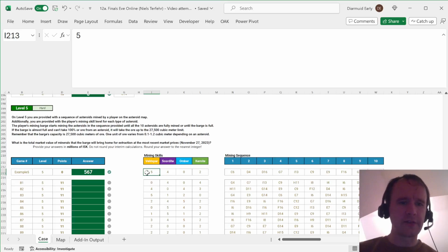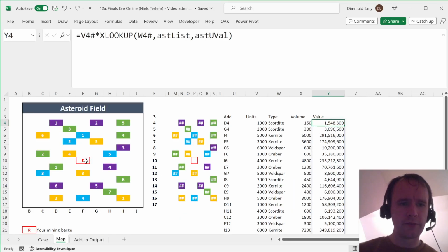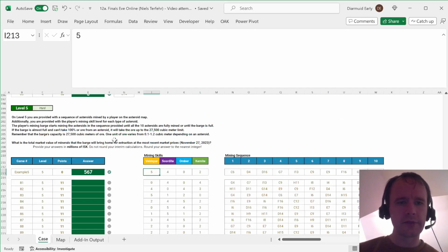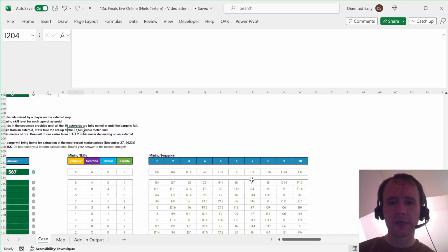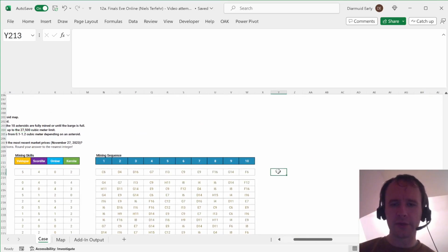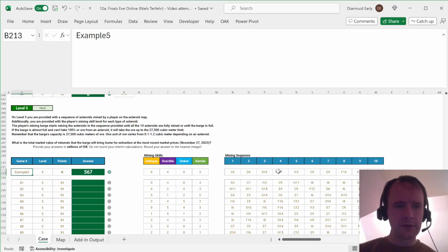And then the second thing to factor in is we've got this barge moving around to get them. The barge has a maximum capacity of 27,500 cubic meters, so we can only mine as much as we can mine. So I'm going to need a data table for this.